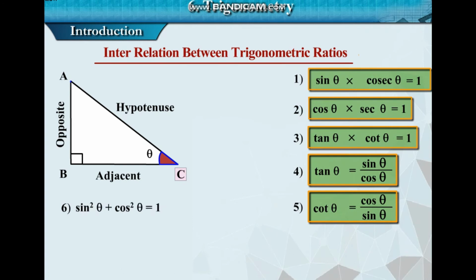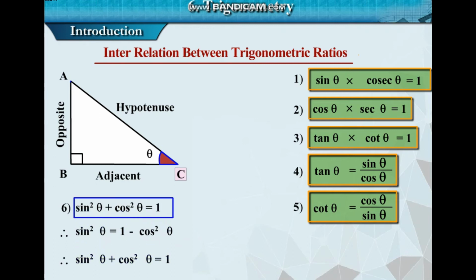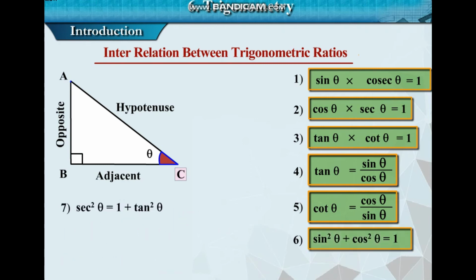6. Sin square theta plus cos square theta is equal to 1. Therefore, sin square theta is equal to 1 minus cos square theta. Also, cos square theta is equal to 1 minus sin square theta. 7. Sec square theta is equal to 1 plus tan square theta.